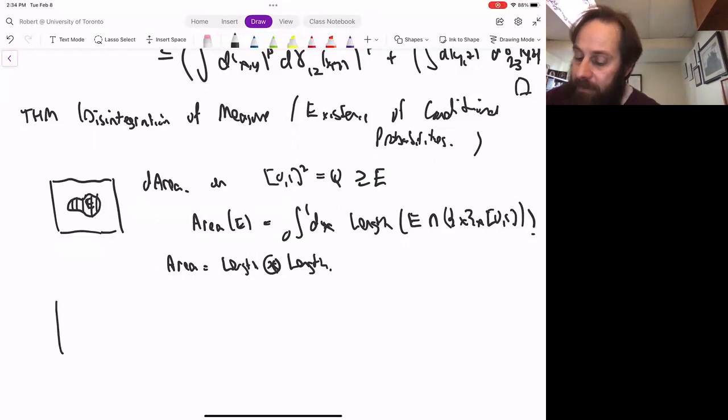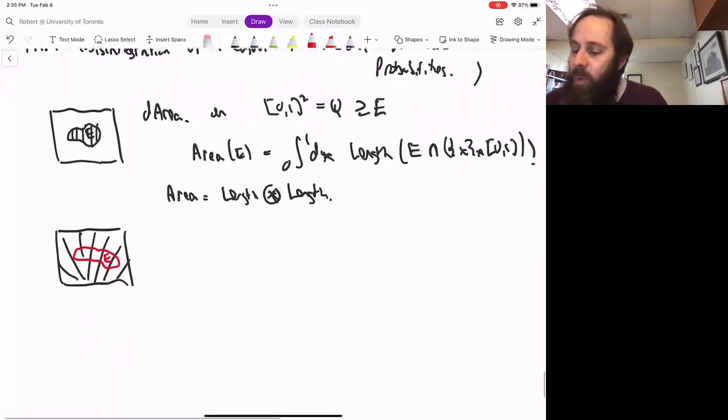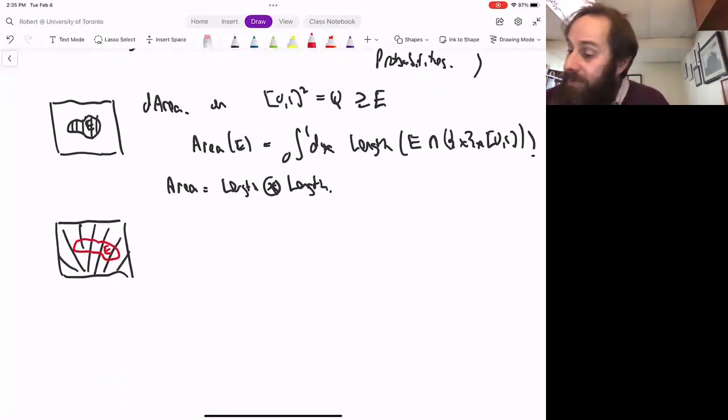We might want to decompose the unit square into some other kind of segments, and then look at our set E and relate the area of E to them. If the segments are not parallel to each other, it's hard to relate the area of E to the intersection of the lengths, and it won't just be the lengths anymore. You can kind of see this if you think about polar coordinates.